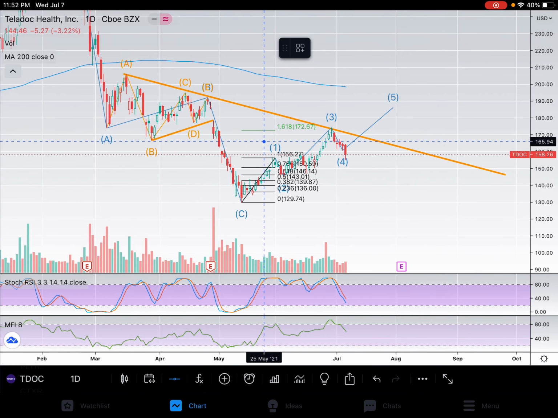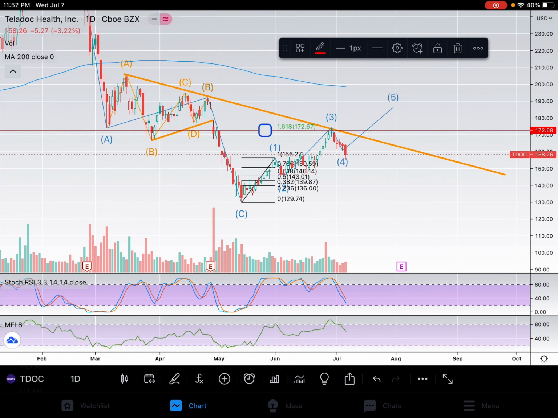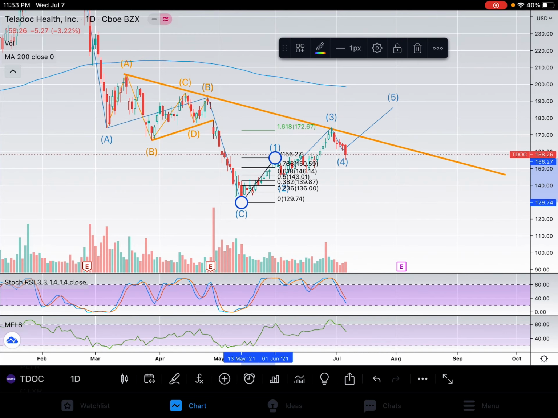Where's the horizontal line? Let's see how accurate this thing is. Yeah, so right there. Tdoc went up for wave 3 to 172.67 ish, and then it retraced back down to wave 4, and now I think it's about to break this huge downtrend line that it's formed.